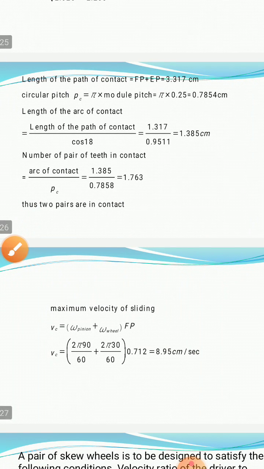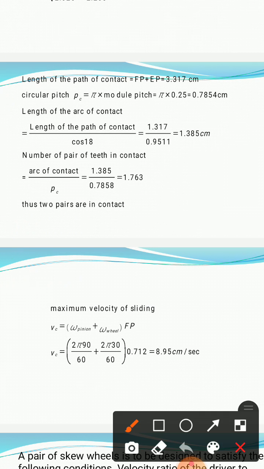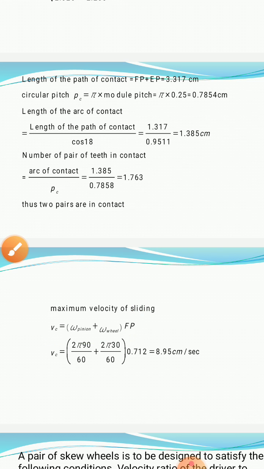Now the maximum velocity of sliding we can find out as omega pinion plus omega wheel, into FP. Put this value here.